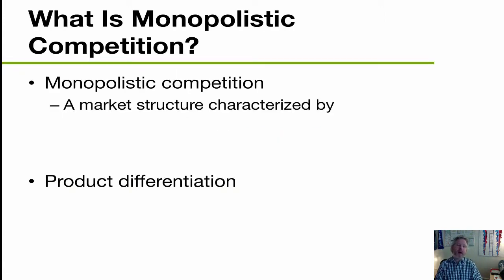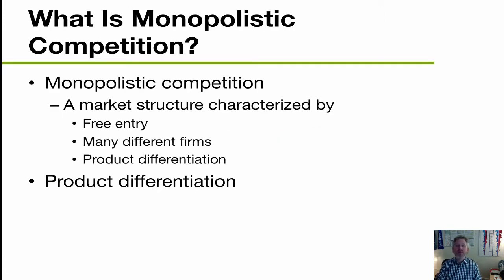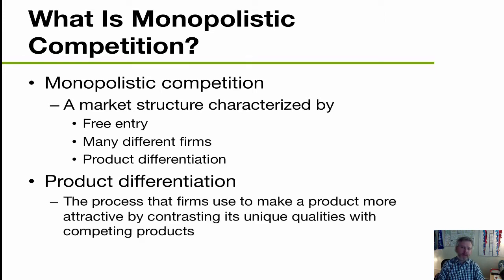So what is monopolistic competition? Well, it's a market structure that's characterized by three things: free entry, many different firms, and product differentiation. What do we mean by product differentiation? You may remember in the perfect competition market, we assumed that all the goods were the same for a firm, so that consumers didn't really care which firm they bought a particular good from because they viewed them as homogeneous, as always being the same.